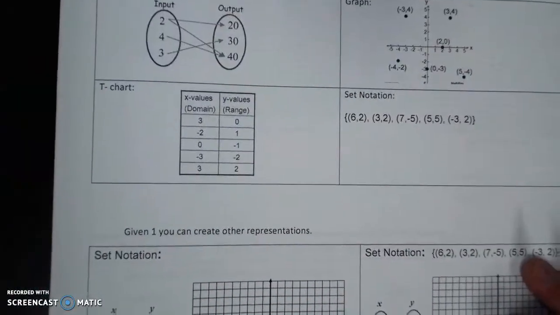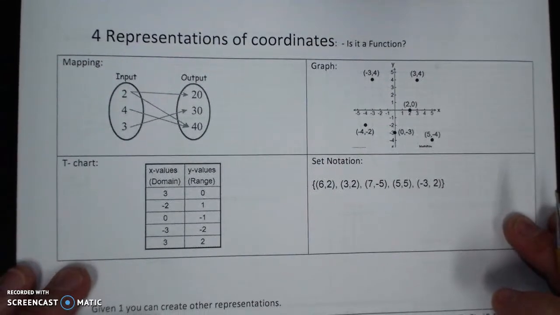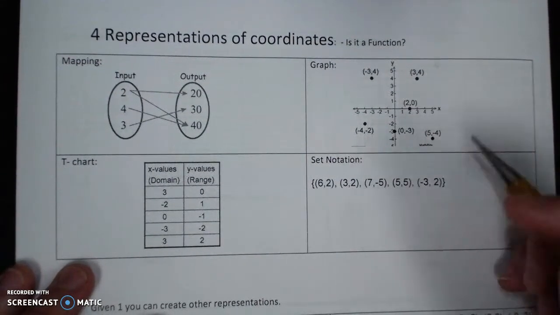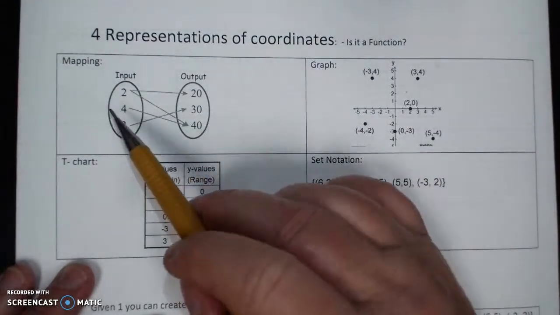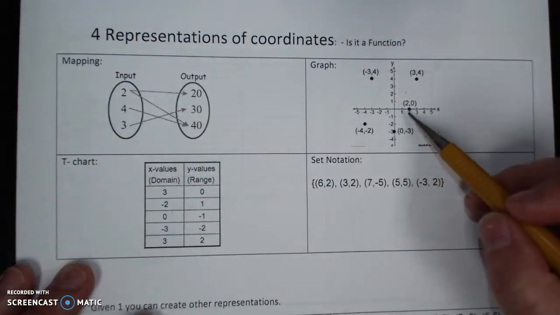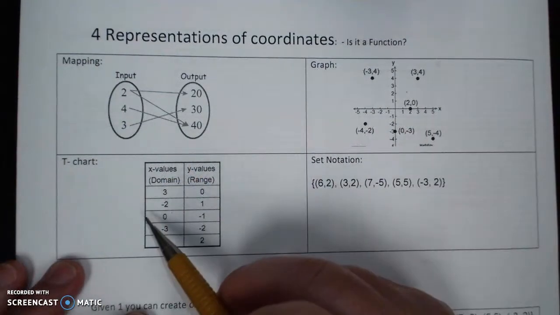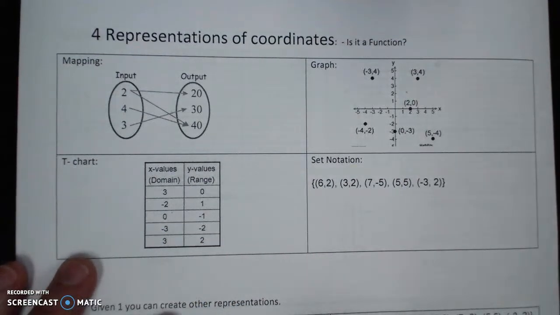Continuing on, we can take a set of coordinates and we can decide whether it is a function in 4 representations. Okay, we can have ordered pairs as mapping. We can have it as graphing. We can have it as a t-chart or a table, and we can have it in set notation.